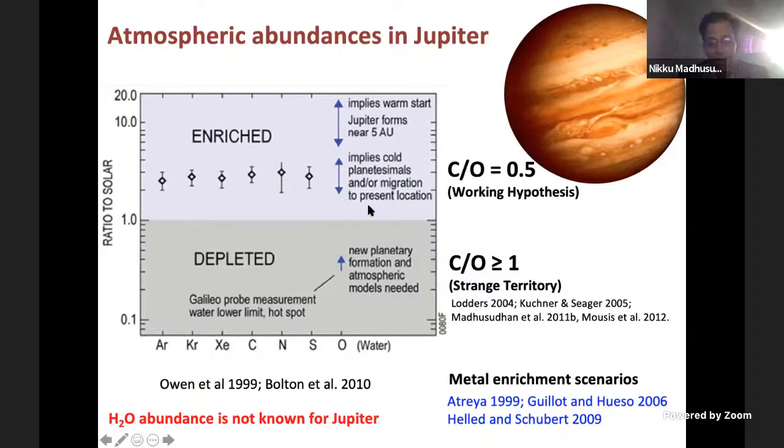At that time, with the Galileo probe, when Juno was about to go, the H2 abundance was not known. But now Juno measurements have obtained an H2 abundance, which we think straddles this boundary between 1 times solar to a couple of times solar, but the jury is still out on that.